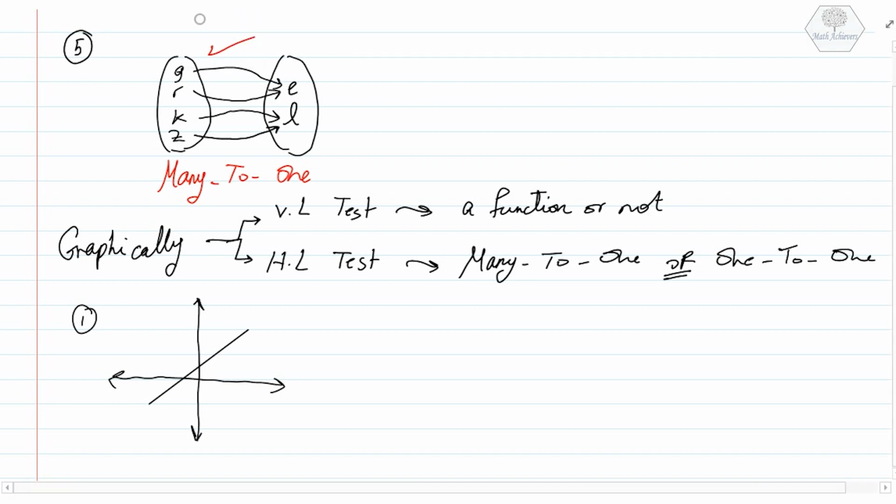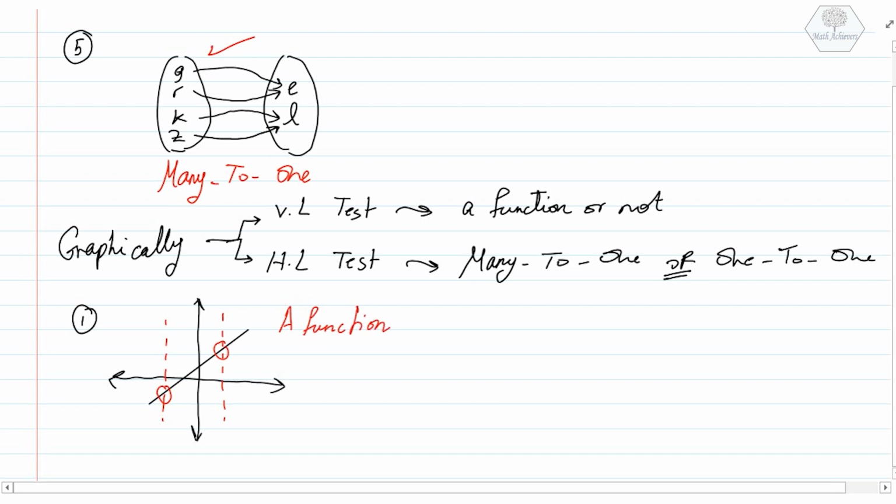We will draw a vertical line. As we can see, it crosses here in one point. Another vertical line, it crosses at one point. If the vertical line crosses the curve at only one point at any place, then we consider it as a function.